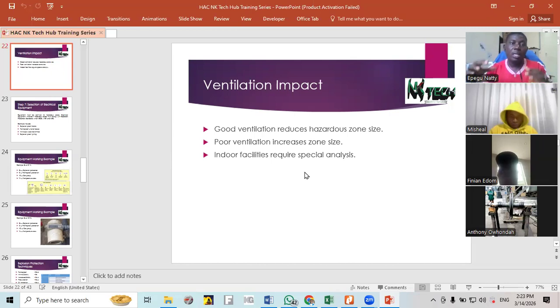Then the surrounding atmosphere is zone 1. From the external walls of the tank to about 3 meters is zone 1, while from 3 meters to about 8 meters is zone 2. So that's the way I understand it. And if you feel otherwise, then maybe we can go back and do some more research on that.